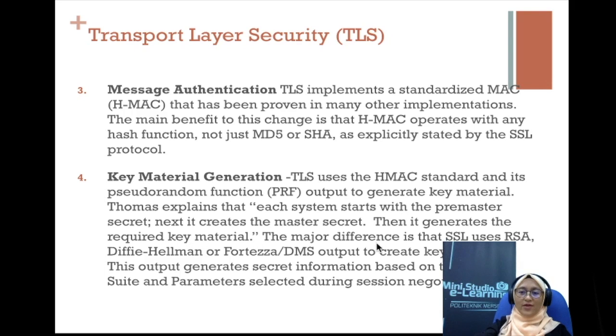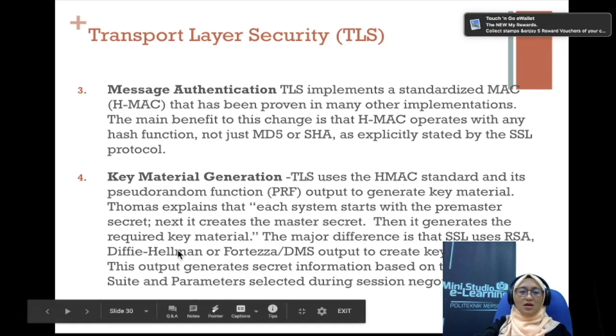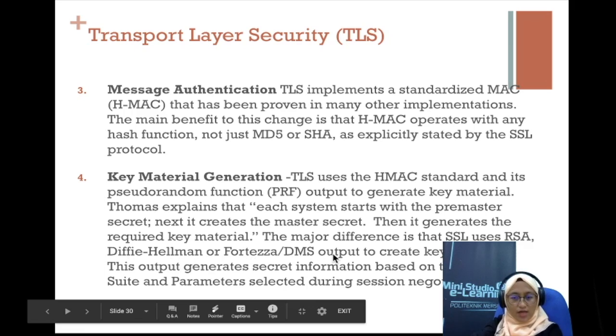The major difference is that SSL uses RSA, Diffie-Hellman and or Fortezza DMS output to create key material. This output generates secret information based on the cipher suite and parameters selected during session negotiation.